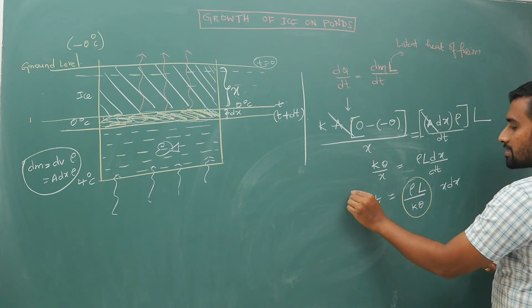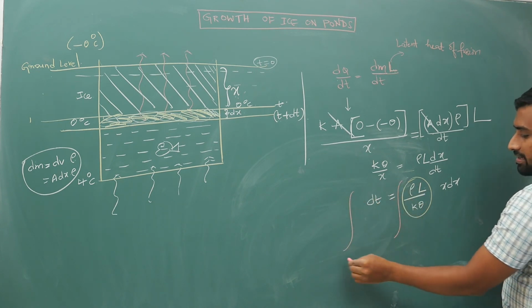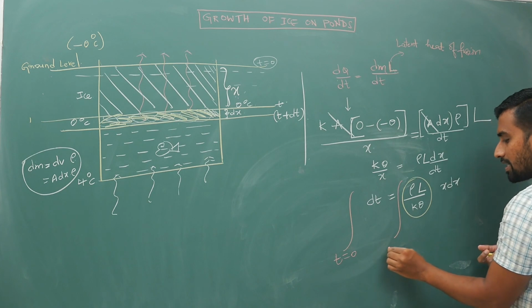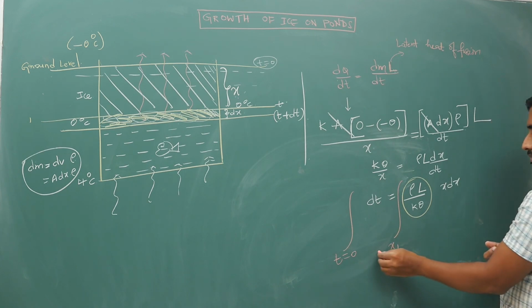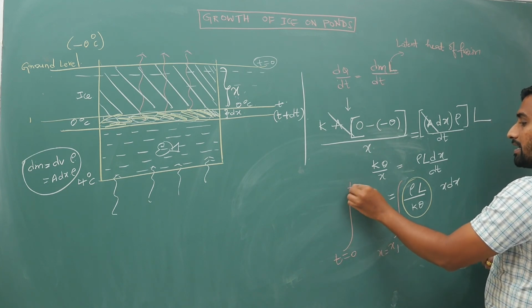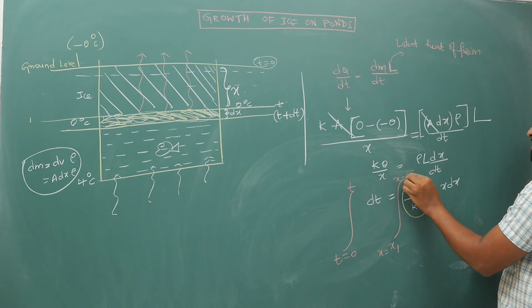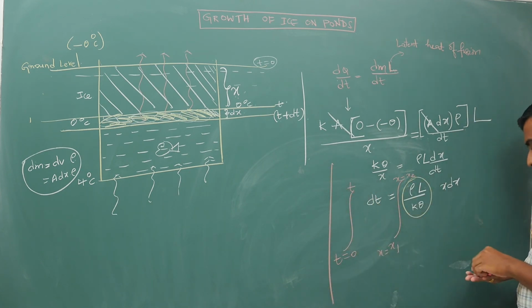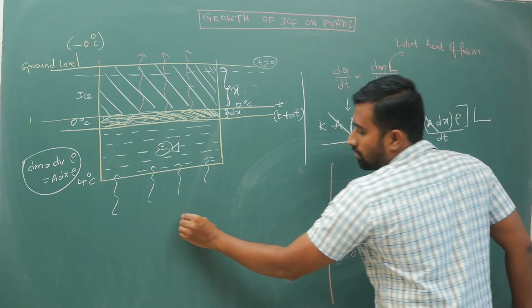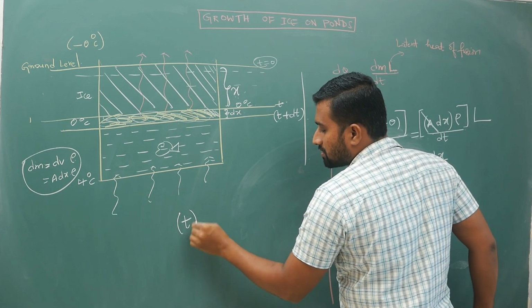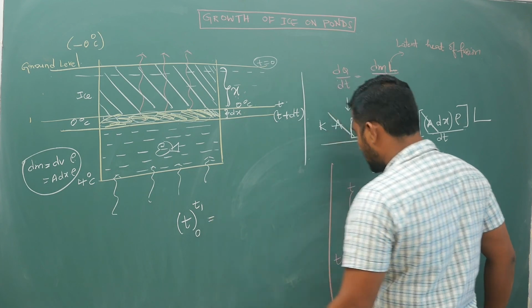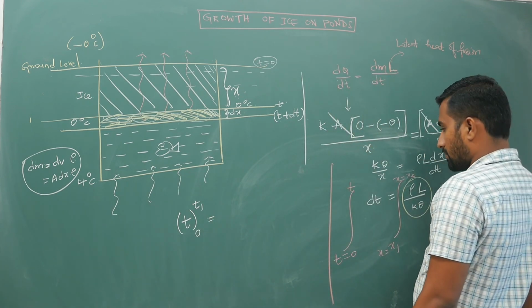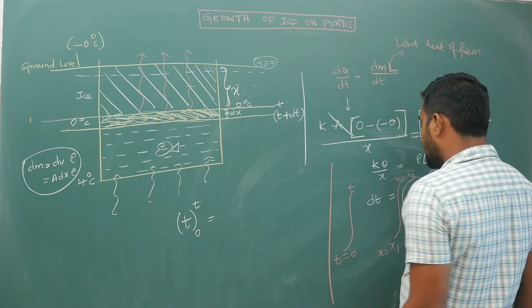Integrate on both sides. At t equal to 0, let us say your thickness of ice is x1. After time t, let us say your thickness is x2. Now if you simplify this, integral of dt is t, from 0 to t.